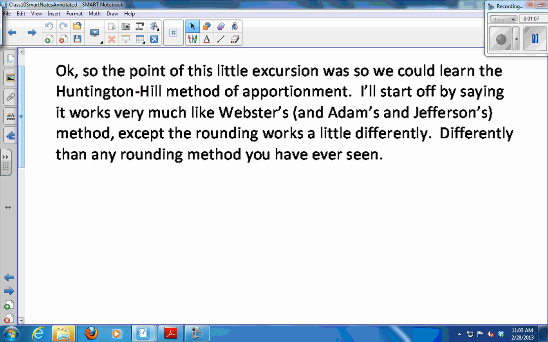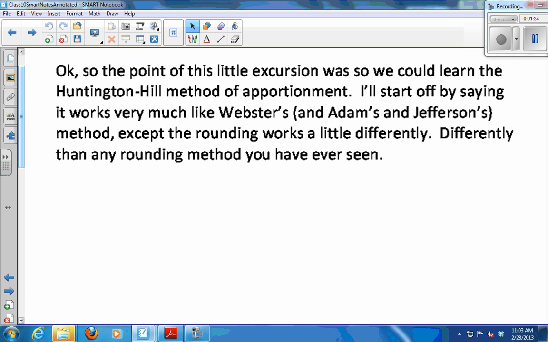But the point of our little excursion into learning about the geometric mean is so that we can learn the Huntington Hill method. Huntington Hill works very much like Webster's and Adams and Jefferson's in that we tweak the divisor. It's another method where you change the divisor until everything works out perfect. What makes all of those divisor methods different is the way you round.